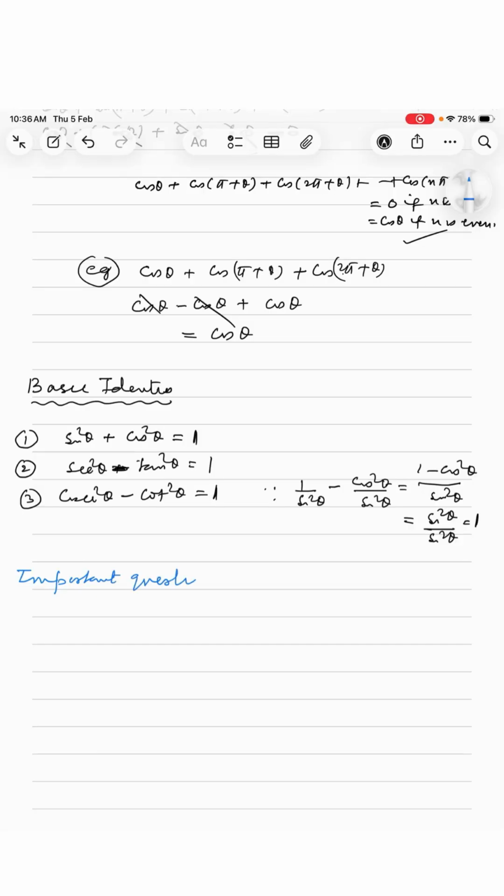Important questions of trigonometric ratios, the basic chapter. Now the first question is: find the value of cot pi by 20 into cot 3 pi by 20 into cot 5 pi by 20 into cot 7 pi by 20 into cot 9 pi by 20.